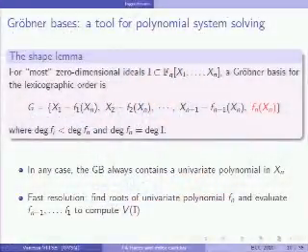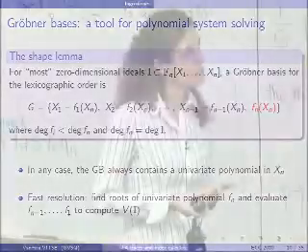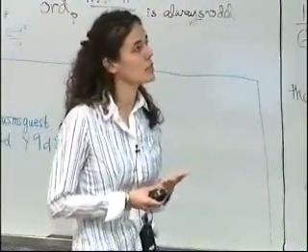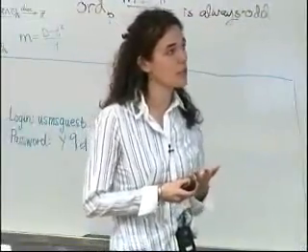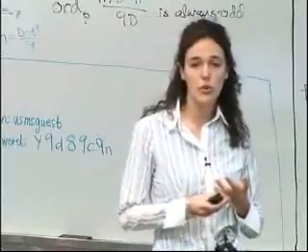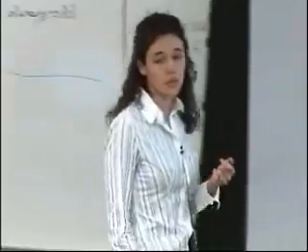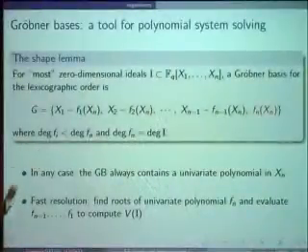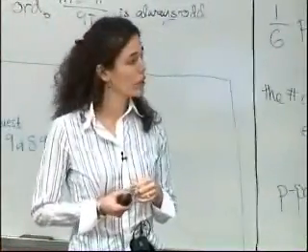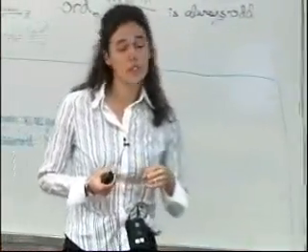The main result we are using here is the shape lemma, which tells us that if you compute a Gröbner basis for the lexicographic order, you will get a set of representatives of your ideal, which has this shape here, with a univariate polynomial in the last variable, which is of degree of the ideal.